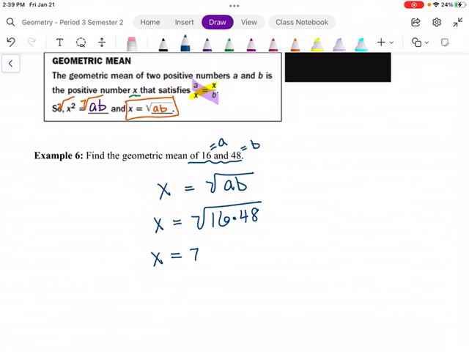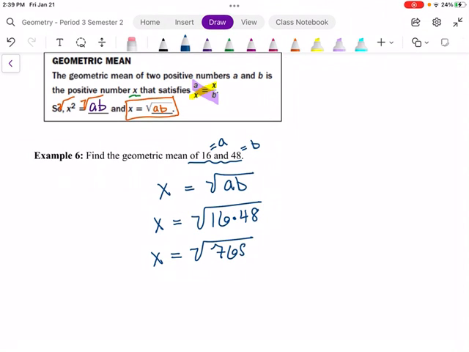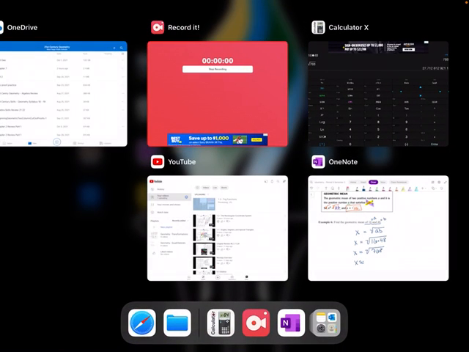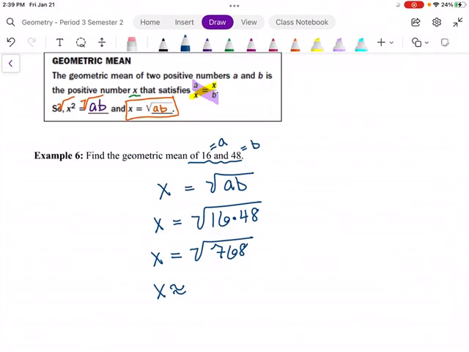And then when you find the square root in your calculator, for this one, we're going to take the square root of 768. We're going to go to 4 decimal points. So this one's going to be 27.7128.